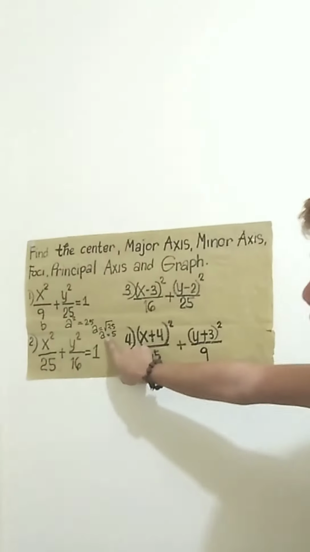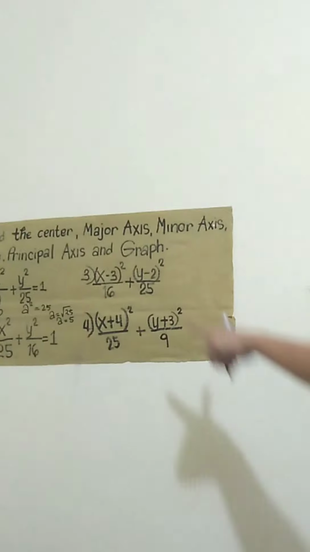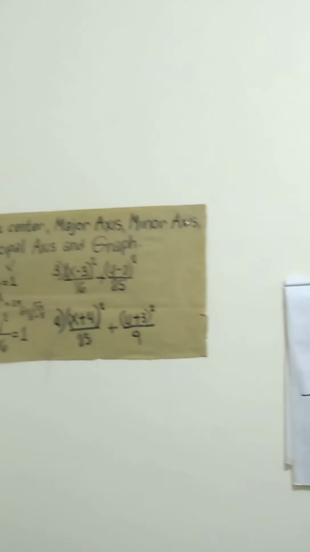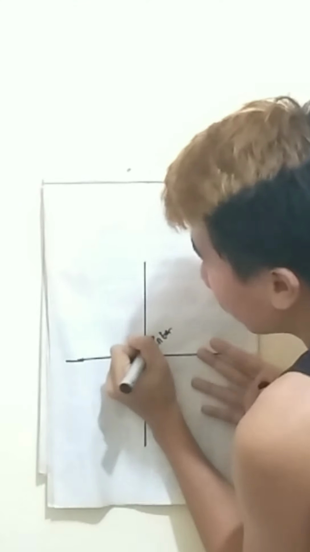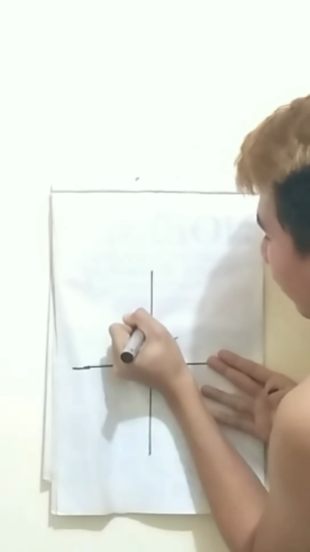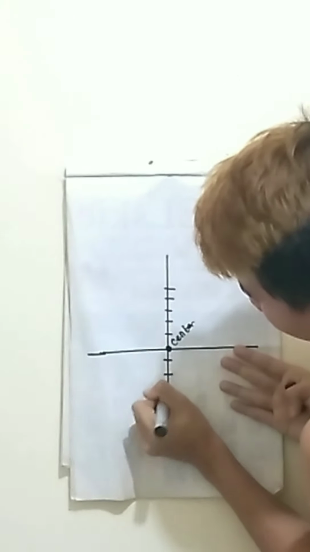That means our major axis is 5. It is vertical, so that means upward, five units: 1, 2, 3, 4, 5. And downward too: 1, 2, 3, 4, 5. So that is the major axis.